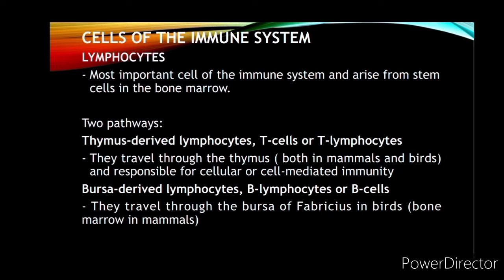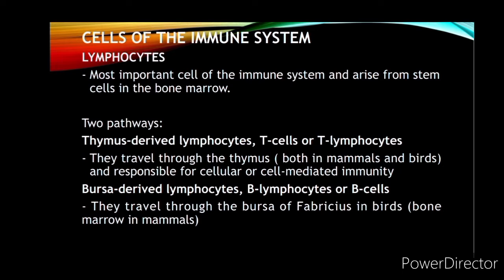So, the lymphocytes. The lymphocytes are the most important cells of the immune system, and they arise from stem cells in the bone marrow. The organs that regulate the production and differentiation of lymphocytes are called the primary lymphoid organs, and include the thymus in both mammals and birds, the bursa of Fabricius only in birds, and the bone marrow in mammals.